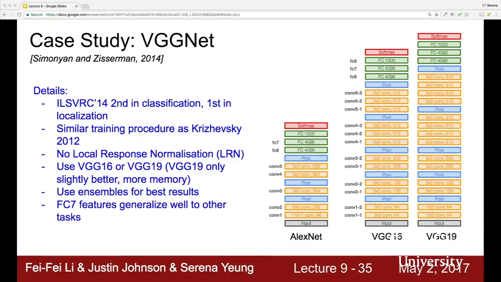Yeah, question? Okay, so the question is what is localization here? This is a task we'll talk about a little more in a later lecture on detection and localization, so I don't want to go into detail here, but it's basically, in an image, not just classifying the class of the image, but also drawing a bounding box around where that object is in the image.